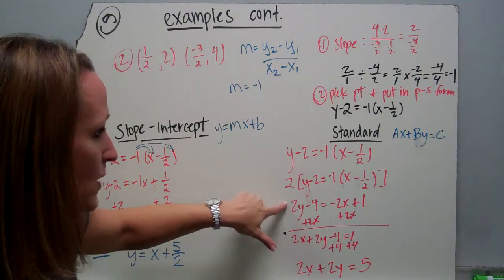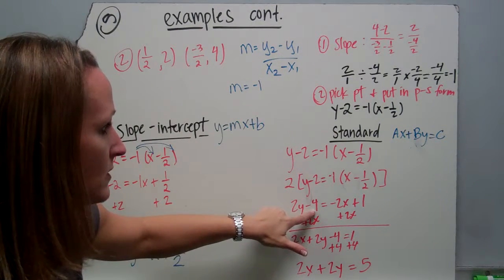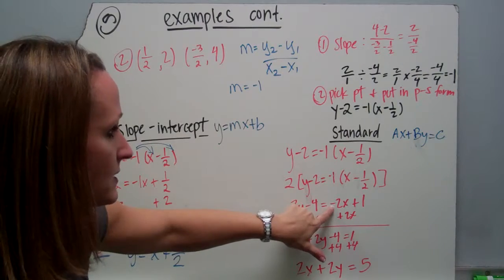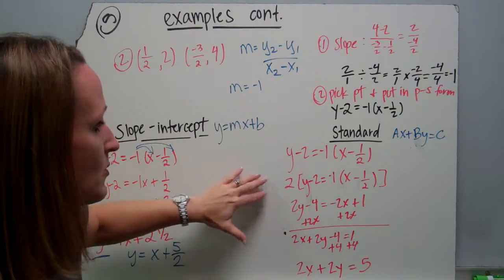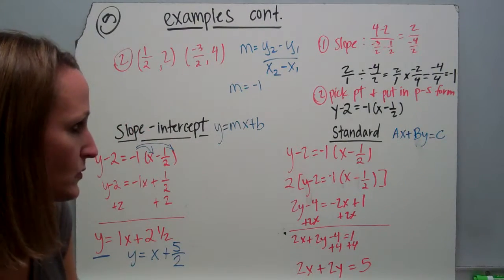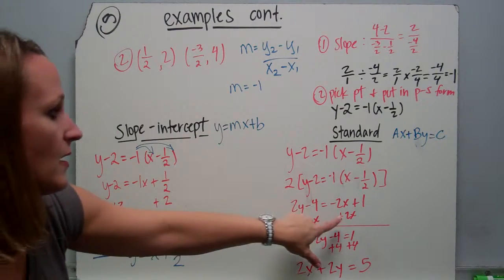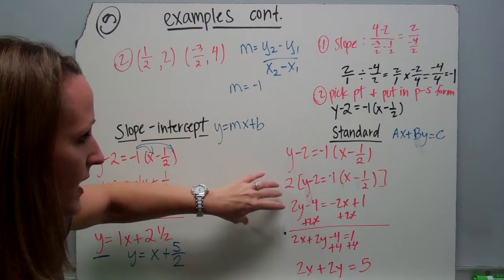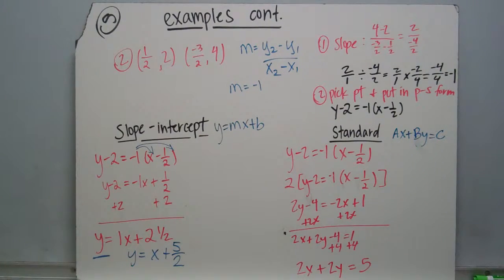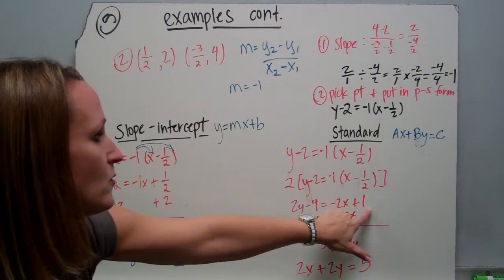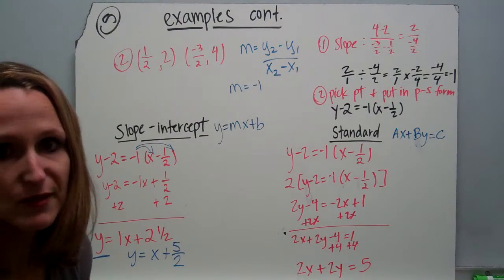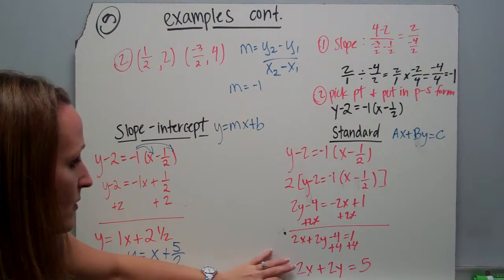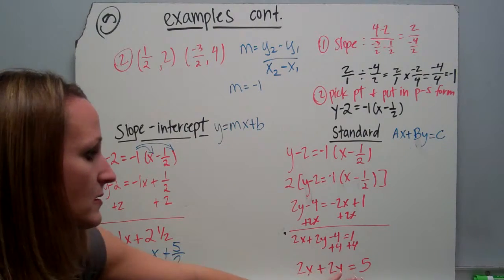So now I have 2y minus 4 equals 2x plus 1, because I multiplied everything by 2. Add 2x to both sides, trying to get all my x's and y's on one side. And now I can add my 4 over here to get whole numbers all on one side, which leaves me with 2x plus 2y equals 5.